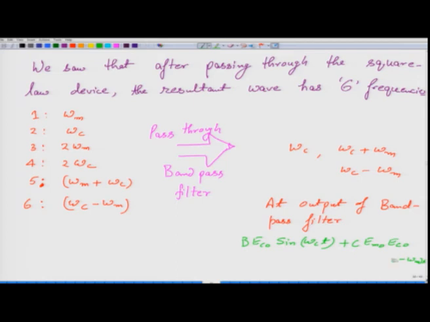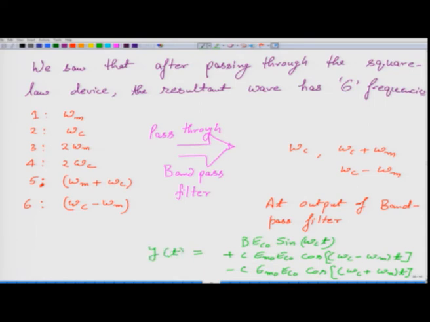Let me rewrite it nicely. So, the second term will be plus C Em naught Ec naught cos of omega c minus omega m t, and the third term will be C Em naught Ec naught cos of omega c plus omega m t, as was needed for amplitude modulated wave. So, this will be our y t.